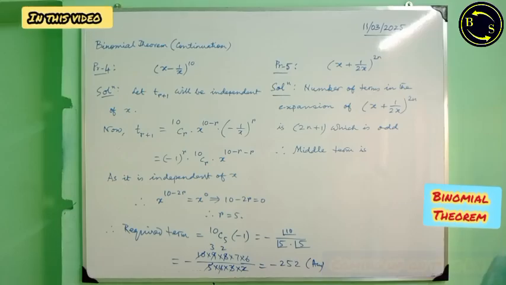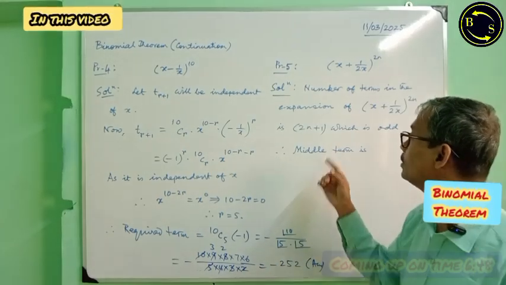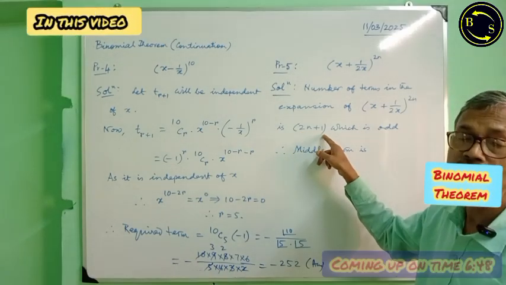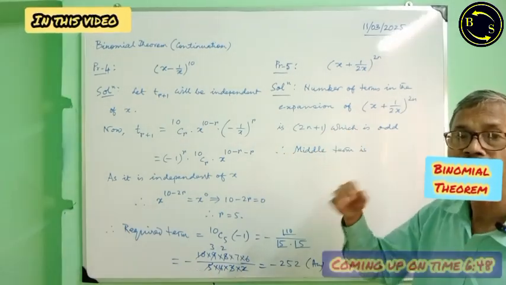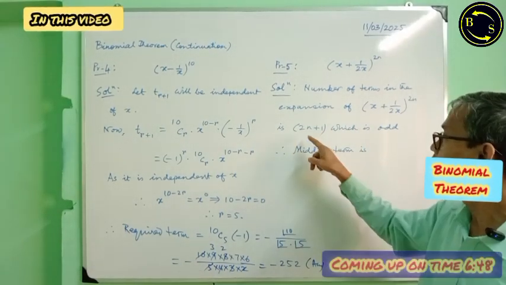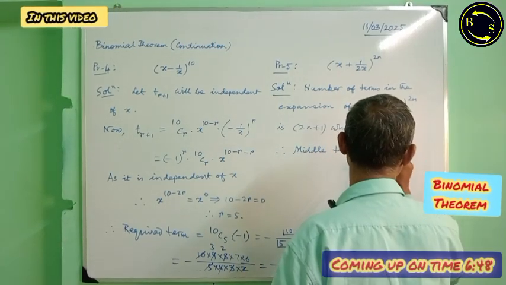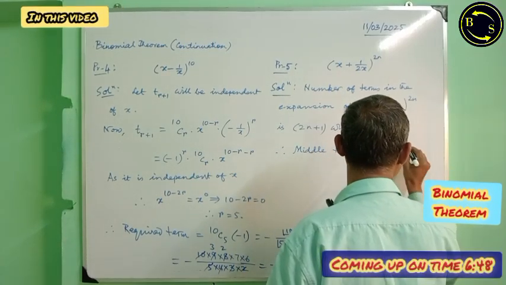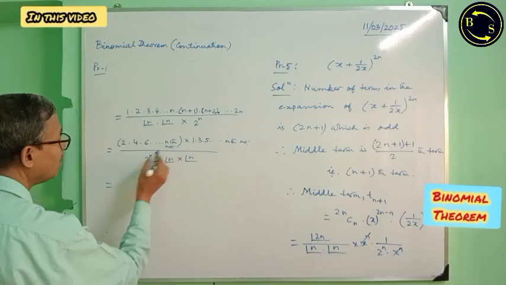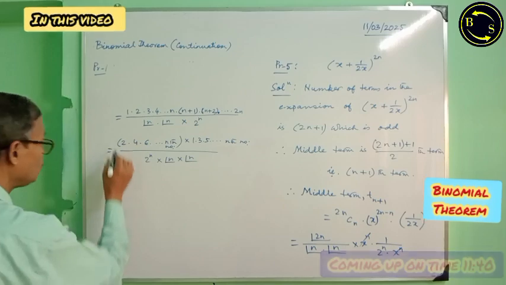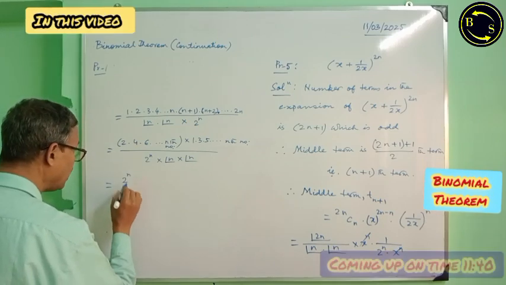And how do we determine that? First we add 1 to the number of terms, then we divide that result by 2. That means here 2n plus 1 plus 1, and we take all these 2s together, then it will be 2 to the power n.